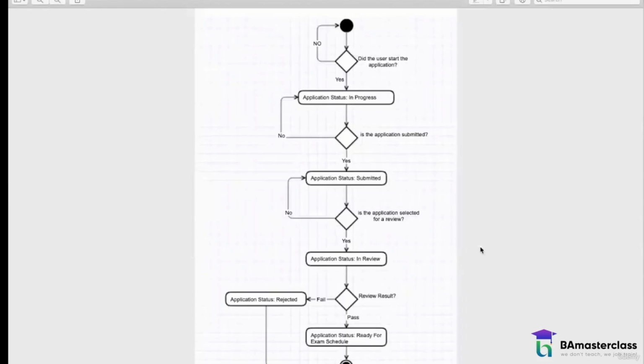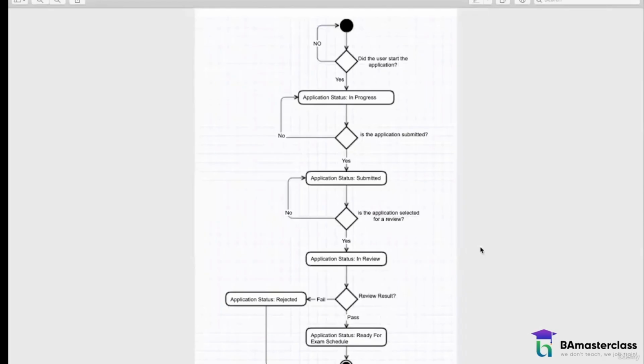Right, and the user enters data. The user submits the application. The system validates the data. If everything is valid, it goes to the review queue. Somebody picks the application for a review. Then they either reject the application or they select it and then it goes to the exam schedule queue. So it talks about the process flow.